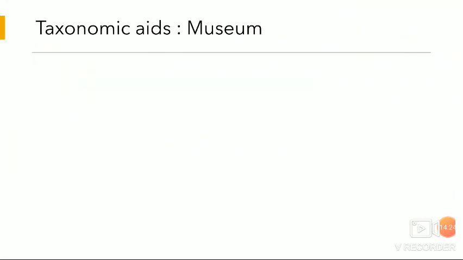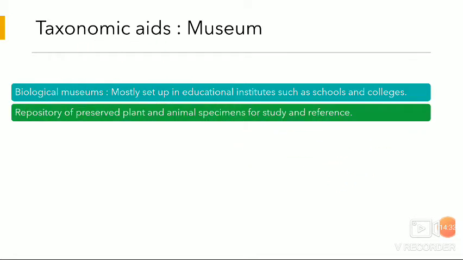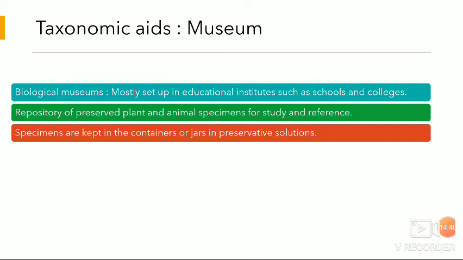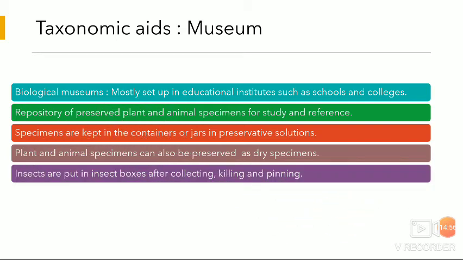Then comes museum. These are mostly set up in educational institutes such as schools and colleges, and these are the repository of preserved plant and animal specimens for study and reference. Specimens are kept in containers or jars in preservative solutions. Plant and animal specimens can also be preserved as dry specimens.